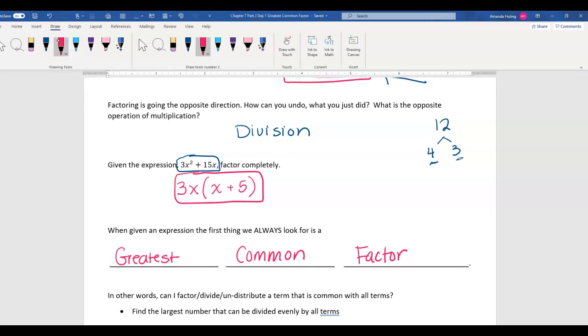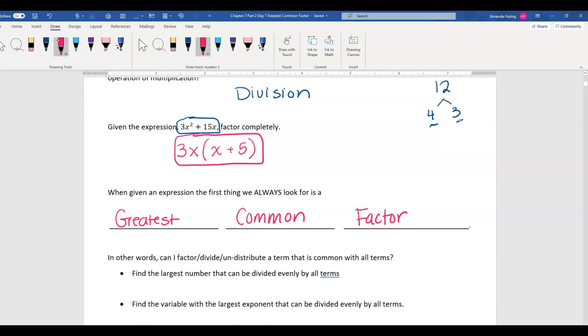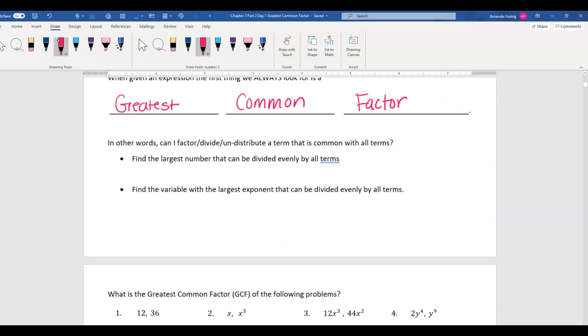You need to look at it and go, hey, is there some term, number, variable, or combination that I can divide evenly out of all of the terms? And when I look at our steps, it says find the largest number that can be divided evenly by all terms, and then find the variable with the largest exponent that can be divided evenly by all terms.